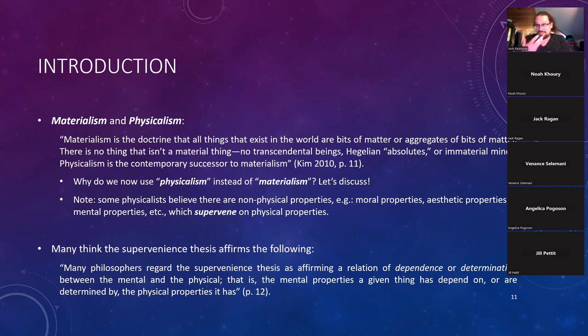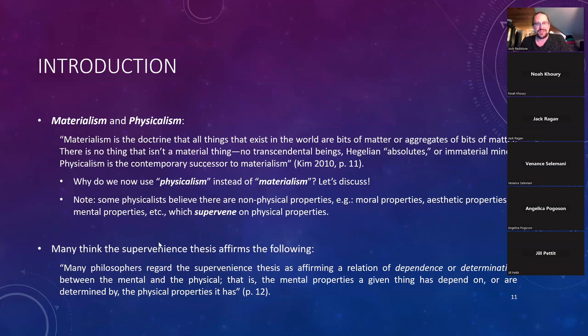The property of beauty, which arguably is kind of a social construct as well, we would say supervenes on things like symmetry. But of course, these properties can vary in different times and places, right? In ancient Greece, a unibrow was considered a very attractive trait. Nowadays, not so much. But in ancient Greece, we might say that physical attractiveness supervenes on the property of having a unibrow, if you want, right? So that's an example.